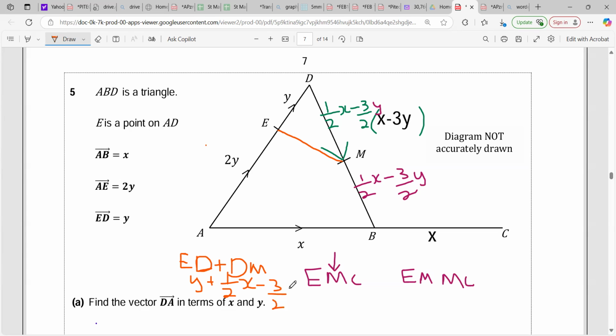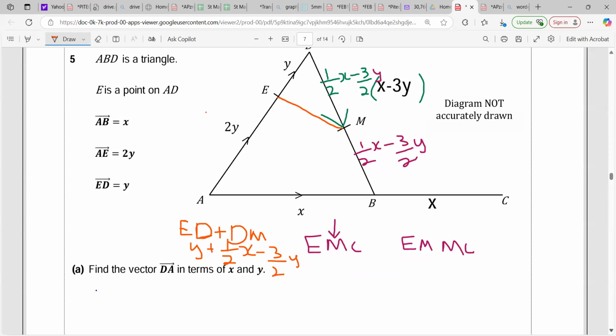Now I'm going to simplify the y part, right? What is 1 minus 1.5? Because we're going to bring them together. Somebody can work it out. 1 minus 3 over 2.